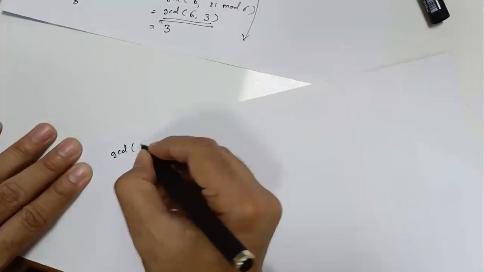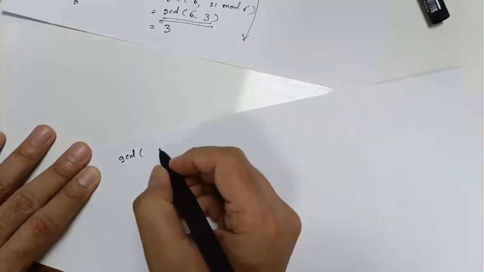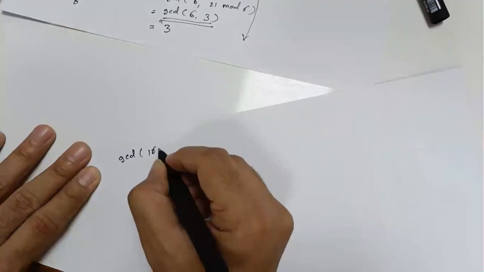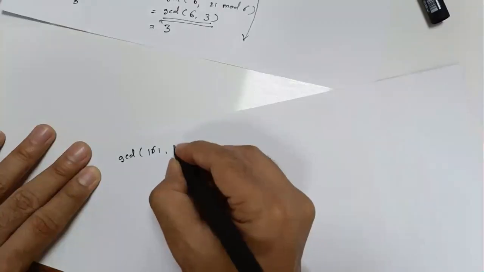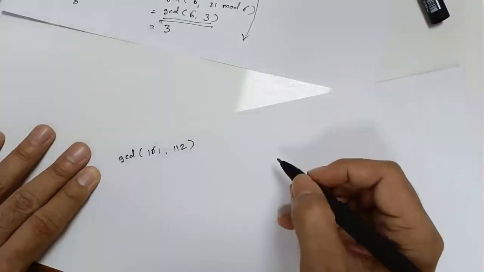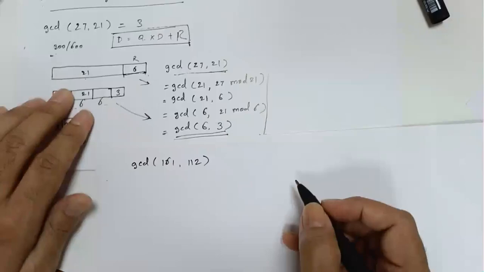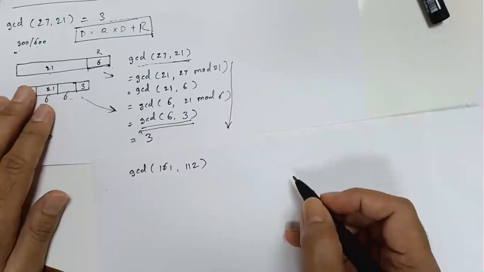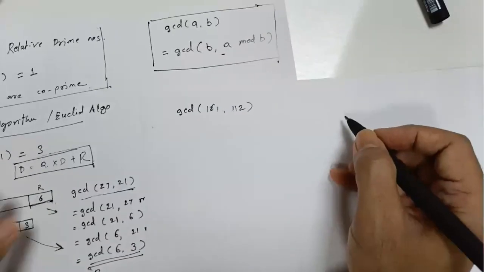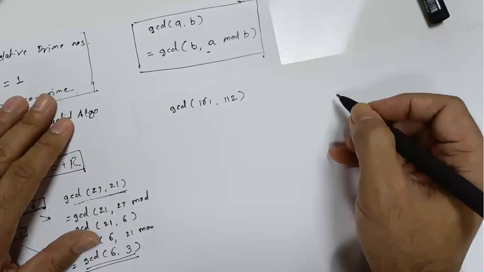All of you will try this now. GCD of 161 and 112 with the Euclid algorithm. Or what you can do is you can try this.